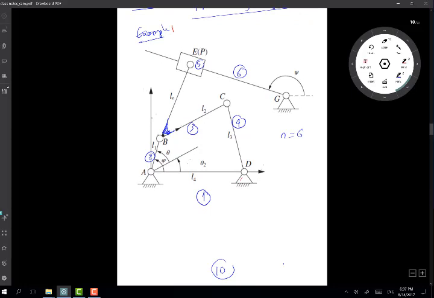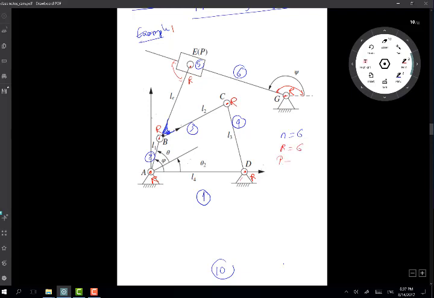Now when I count my revolute joints, I have a revolute joint here because the angle changes. Whenever I have an angular change, I know that's a revolute joint. I have another revolute joint here, here, and here, another one here, and one at point A. When we count those, we get 6 revolute joints.